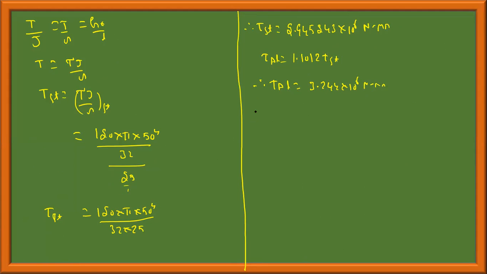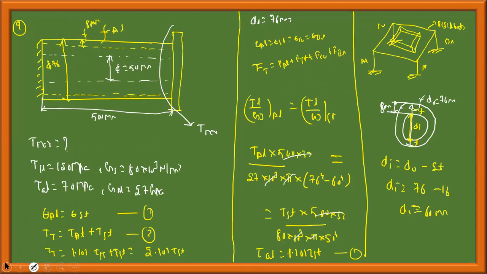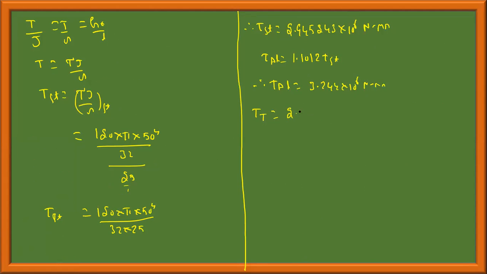Total torque is equal to 2.101 into T steel, which is 2.101 into 2.945243 into 10 power 6.